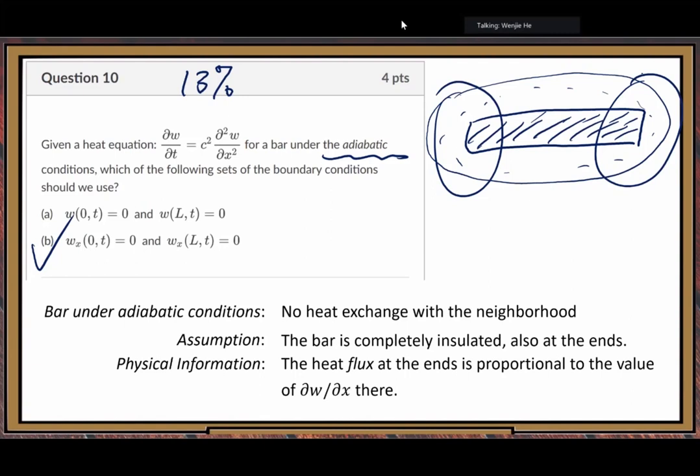Because for this condition, we do not require the temperature of the bar at the two ends to be zero. The temperature at the two ends could still be very hot, but with no heat exchange. People may get confused between the temperature and the derivative of the temperature. All right, so that's just the concept.